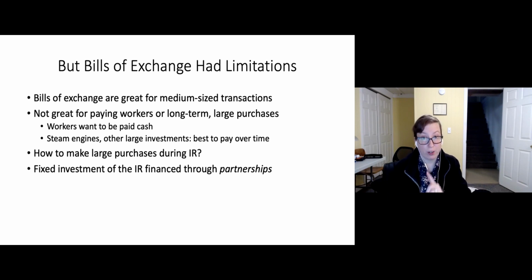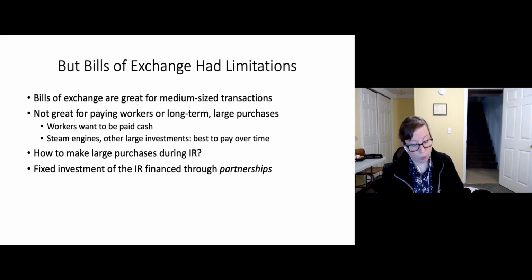So this is critical. I don't want to see anybody saying that a bill of exchange could be used to buy a steam engine. It's too big. Bills of exchange were not very good for buying steam engines and other large investments because such investments are better to be paid kind of slowly over time in some more sophisticated method or through another kind of exchange.